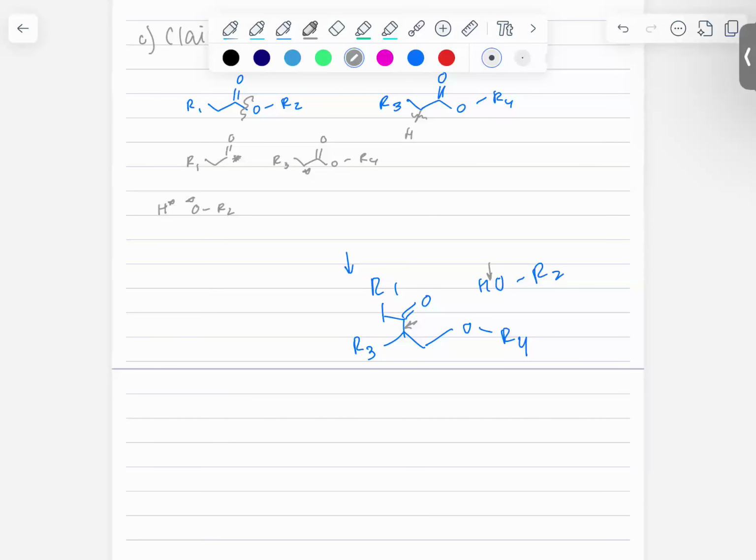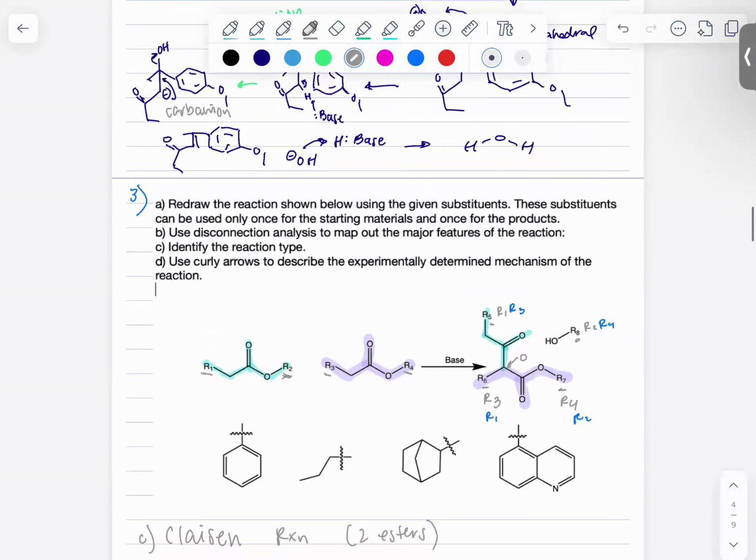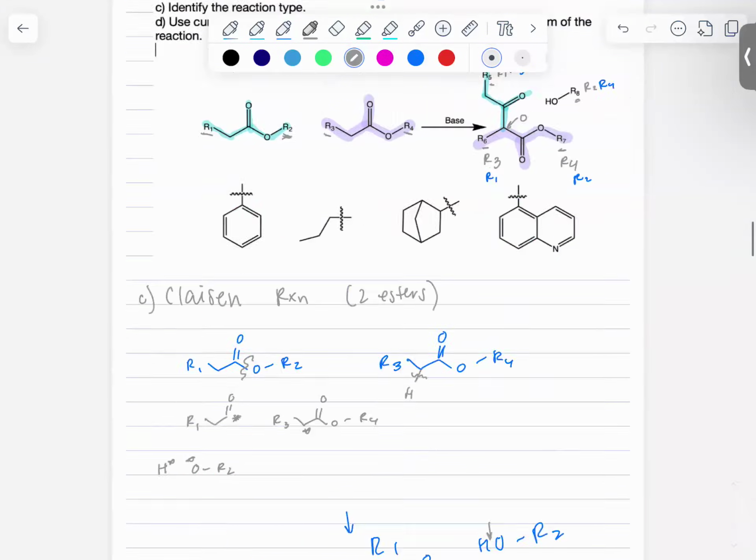Deprotonate, which one? Yes, but I mean like the R1, R2 structure or the R3, R4? What will be responsible for that deprotonation? Base.